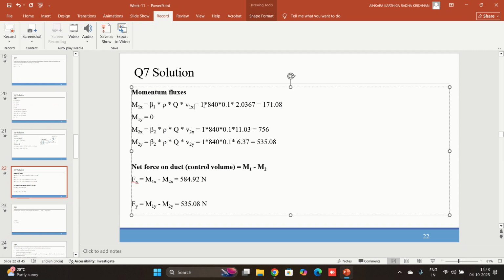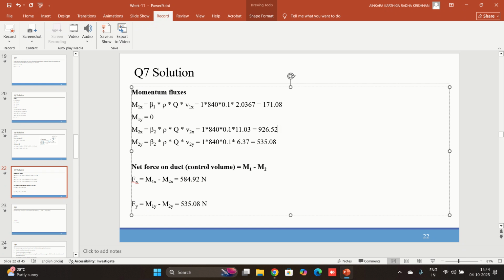The vertical component at the inlet is 0. Now at the outlet, the x component is beta 1 into 840 into 0.1 into 11.03, which is 926.52. And in the y direction it is 840 into 0.1 into 6.37, which is 535.08.